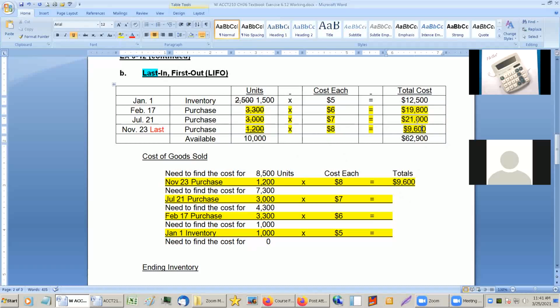They already did the totals for us for these. As long as we sold the whole thing, we can just use the totals they give us. So this would be 21,000. This one, 19,800.